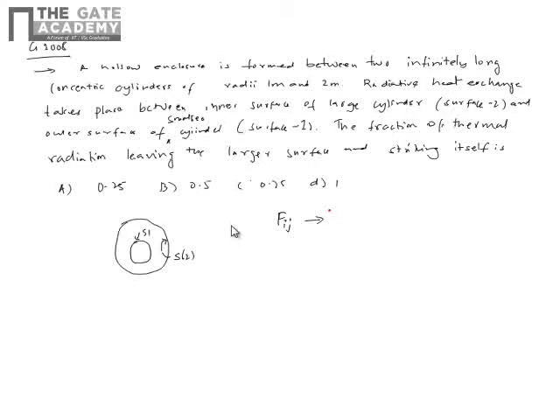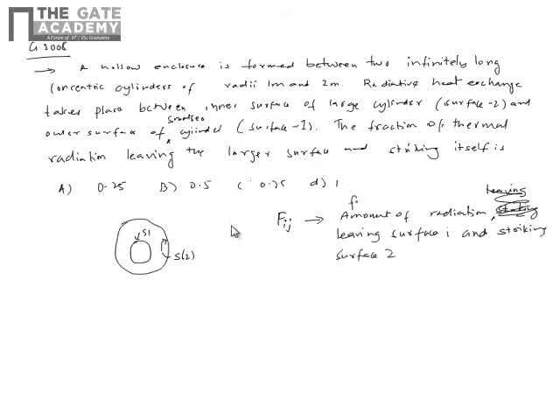This is an important notation, the view factor or the shape factor, which means the fraction of the amount of radiation leaving surface i and striking surface j.